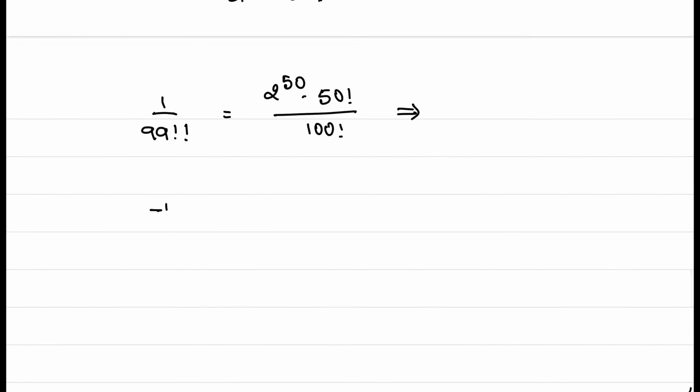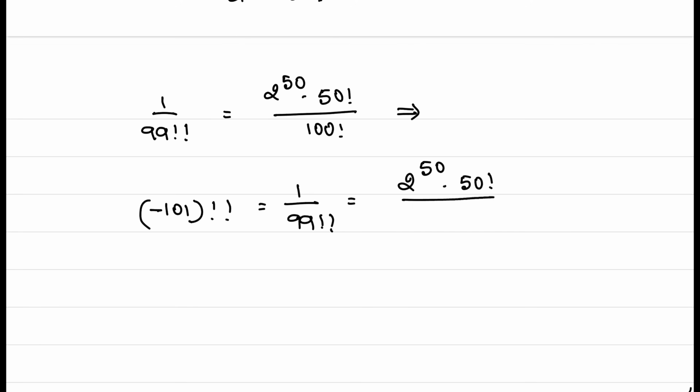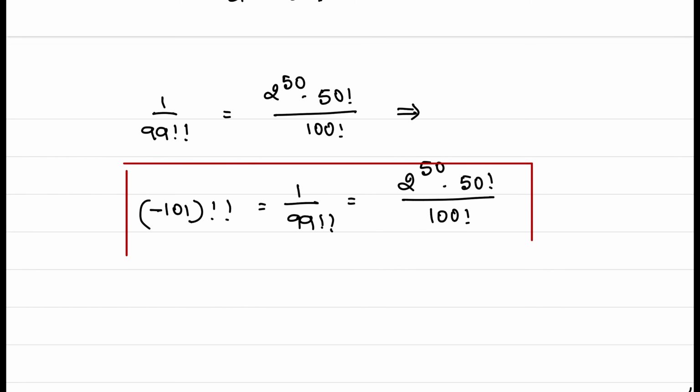Hence, minus 101 double factorial is equal to 1 by 99 double factorial, that is equal to 2 to the power of 50 into 50 factorial by 100 factorial. This is the answer if you want it in factorials, the simplified answer.